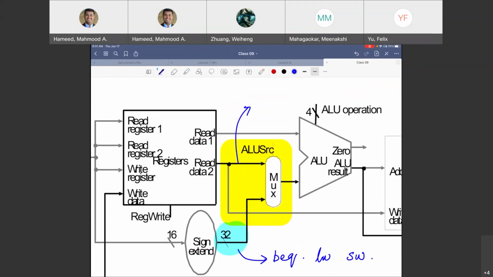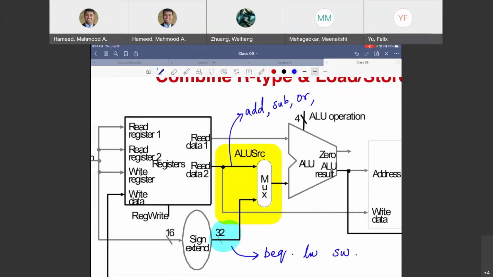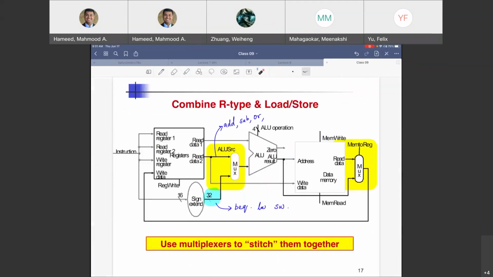This should be simpler. Add, subtract, or whatever. So that's your mux to select between this or that.